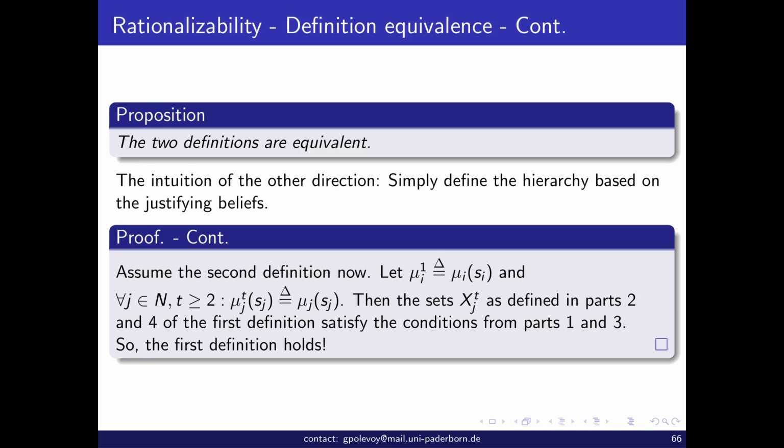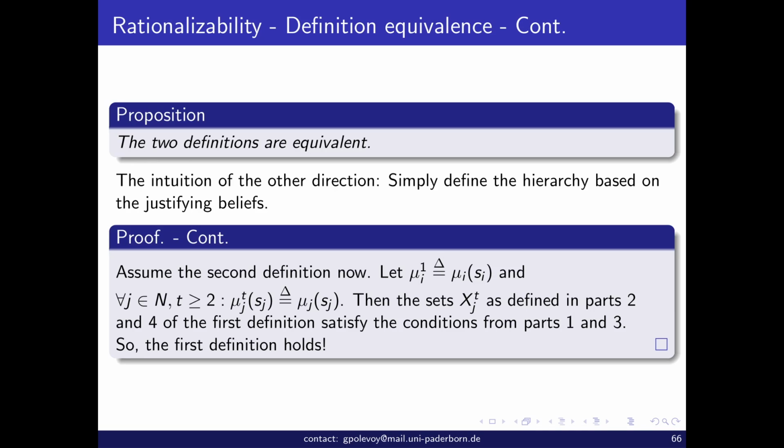So assume the second definition, and let us make the mu i1 be the mu i which justifies Si, and for any other depth, I simply take the mu which we need from those mu's which we are given in the second definition. The set Xjt is defined as we mentioned in those parts 2 and 4, which I said are superfluous. They are, but they actually give us exactly a concrete way to define what we need.